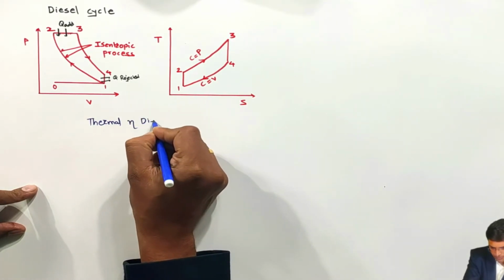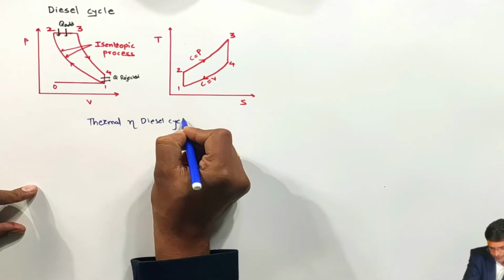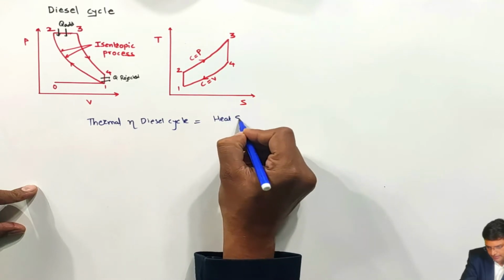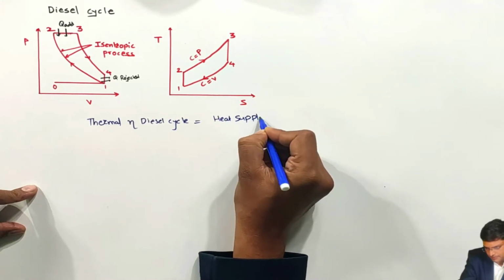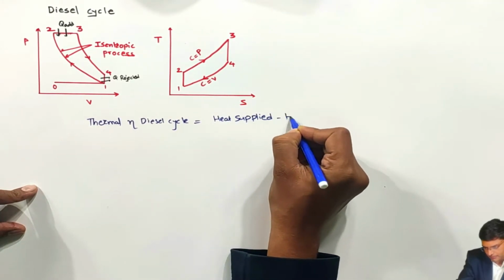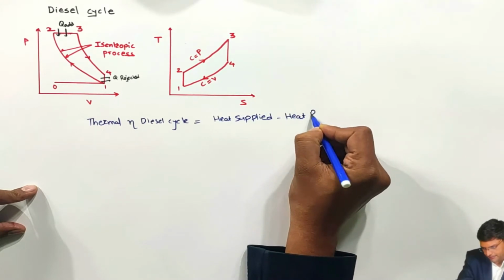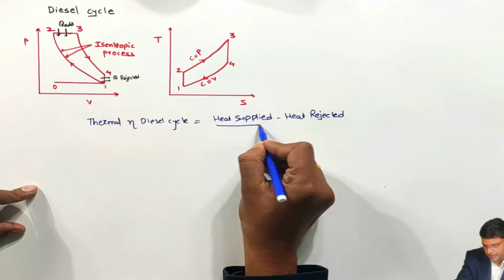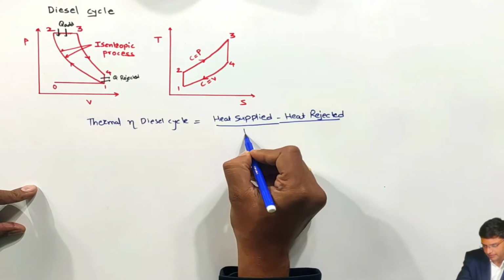Thermal efficiency of the diesel cycle is equal to heat supplied minus heat rejected, divided by heat supplied.